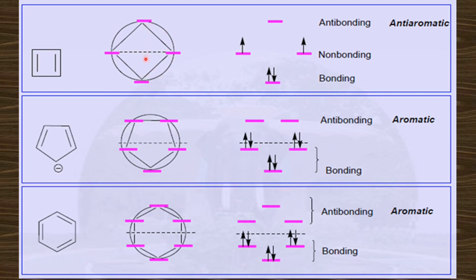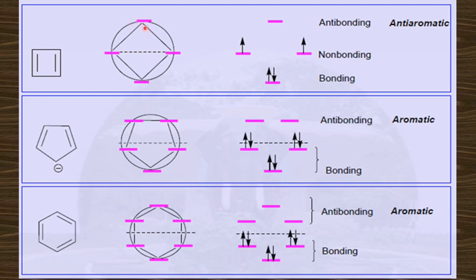And now you have to bisect the circle into two equal halves horizontally. All the molecular orbitals which are lying below this line are called bonding molecular orbitals. Therefore, for cyclobutadiene there is one bonding molecular orbital, and all molecular orbitals which are above this horizontal line are called anti-bonding molecular orbitals.